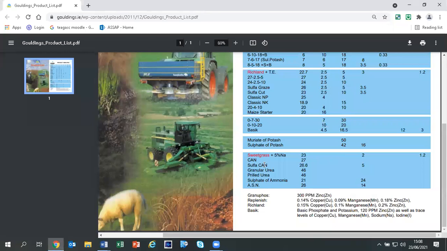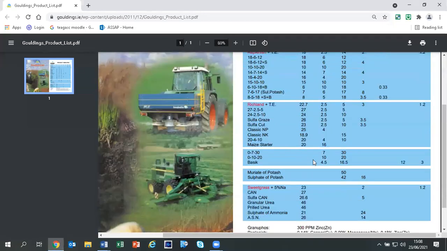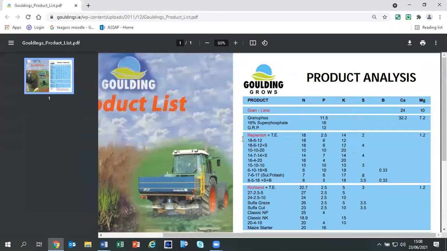CAN, for example, is 27% nitrogen. When we scroll up to the likes of our compounds, 18-6-12, we know 18% nitrogen, 6% phosphorus, and 12% potassium.